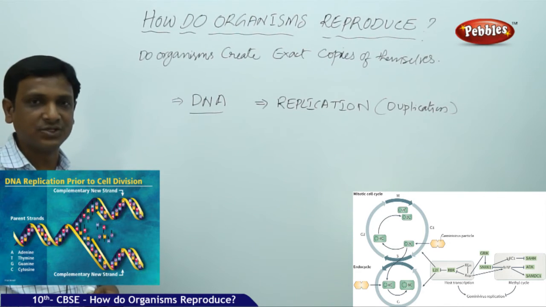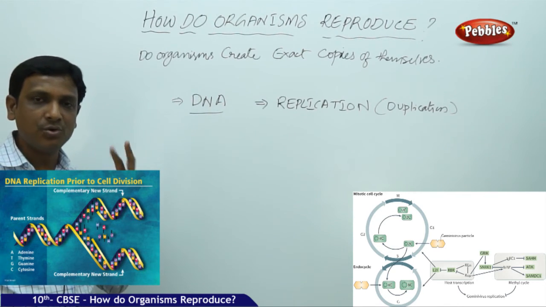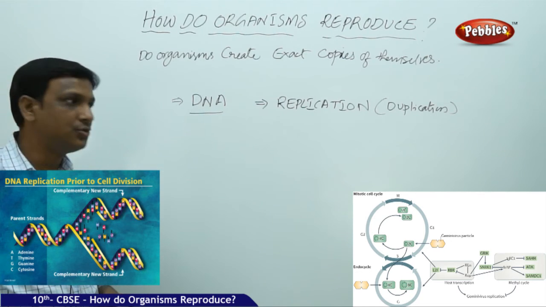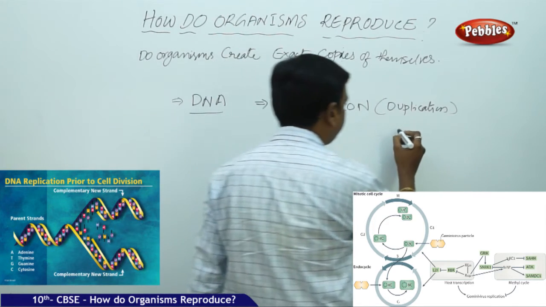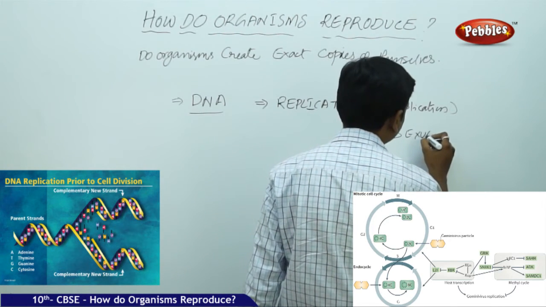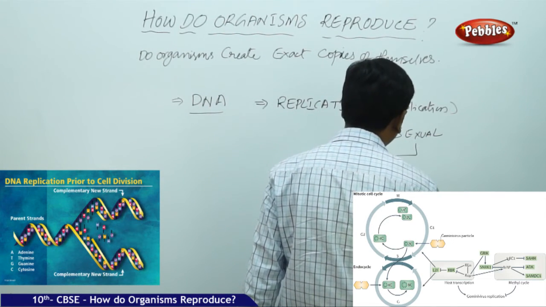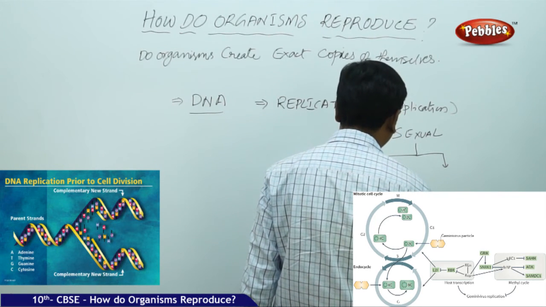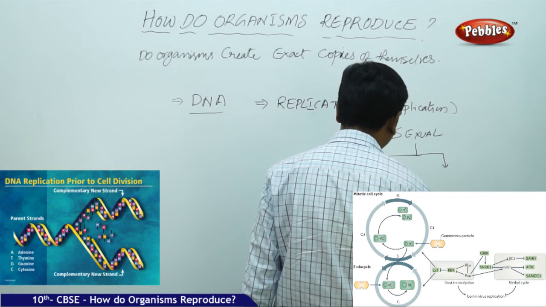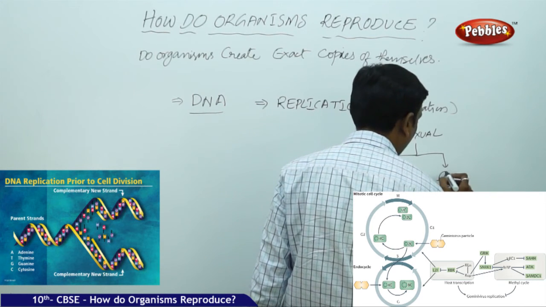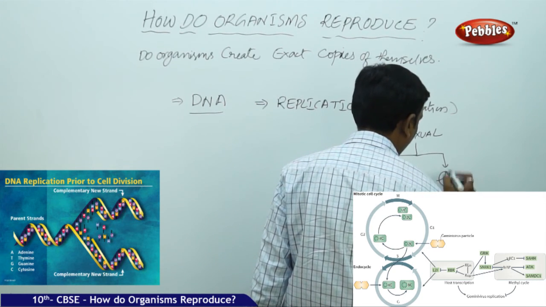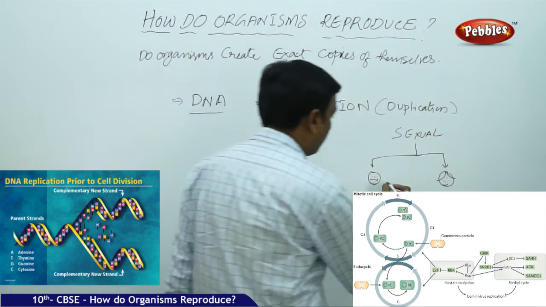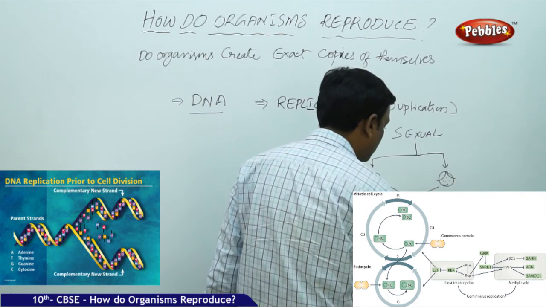If you take sexual reproduction, two organisms, male and female, are involved in the production of a young one.